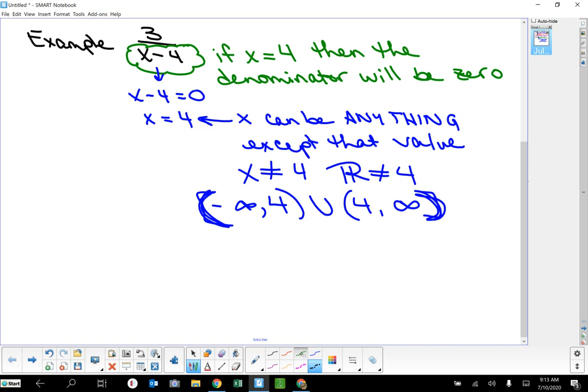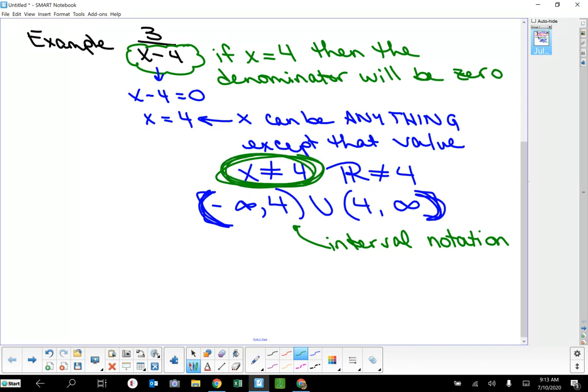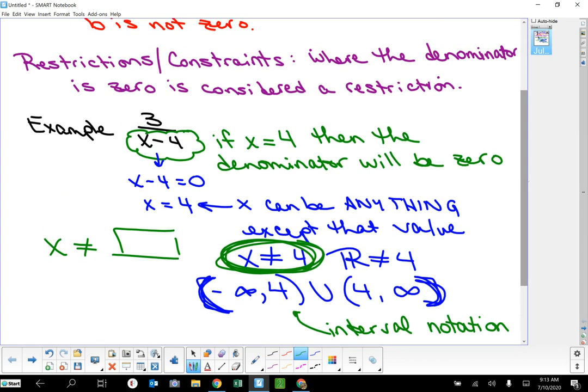This would be called interval notation. We did that earlier in the year and last year. And what varsity is going to use is this one right here. The x is not equal to 4. So you'll see x is not equal to and a box, and you just fill in what the box is. So these are finding the restraints or constraints or the restrictions on that function. Okay.